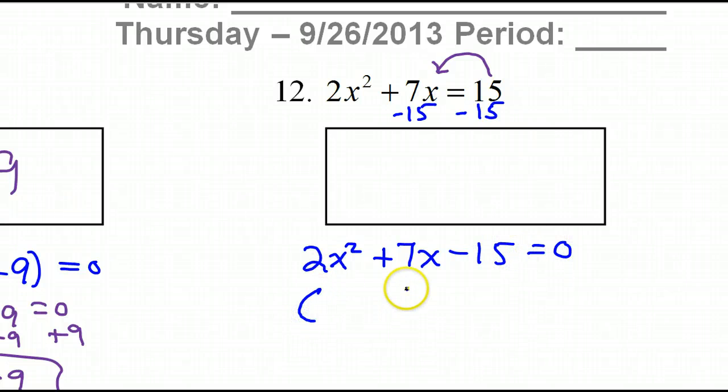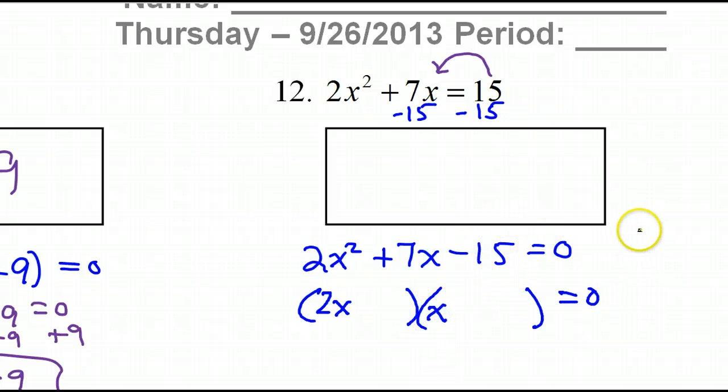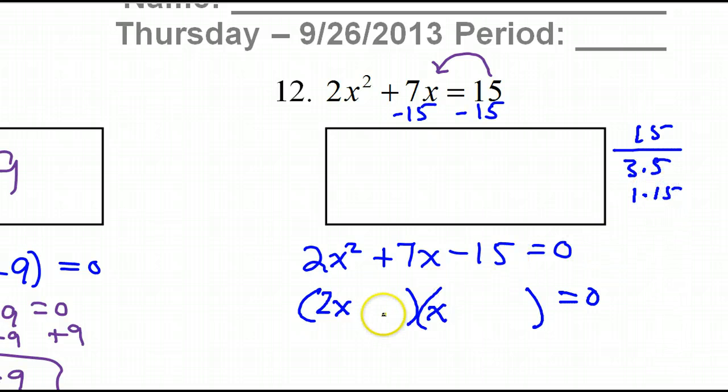If we go ahead and factor this, 2x squared is just 2x and x. 15 is either going to be 3 times 5 or 1 times 15.